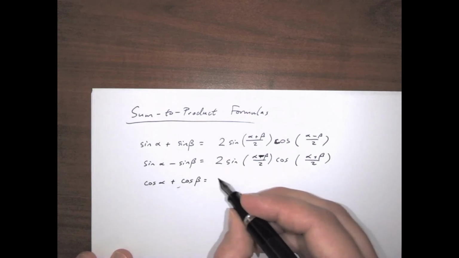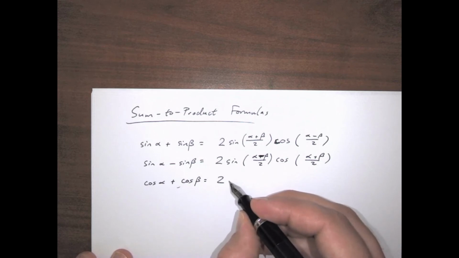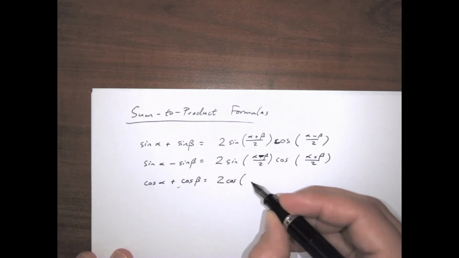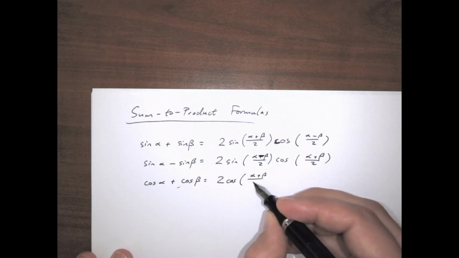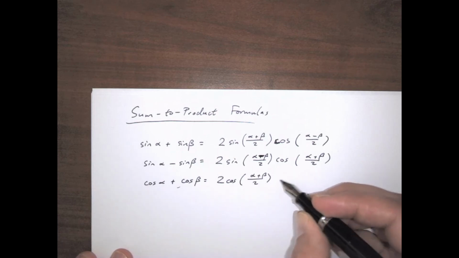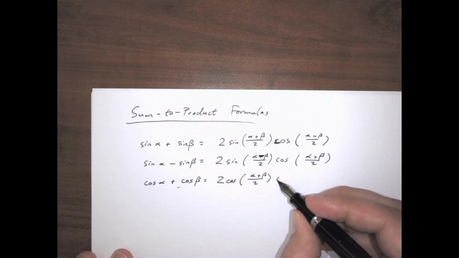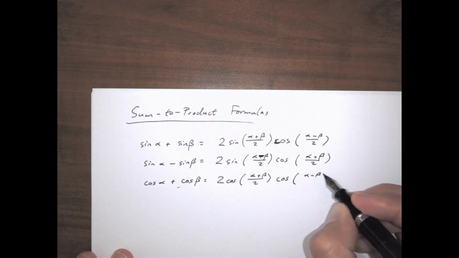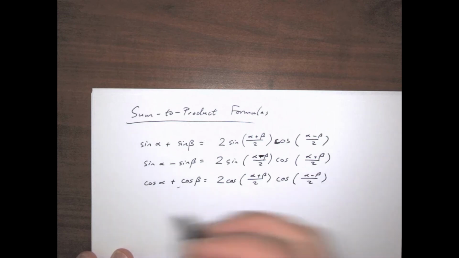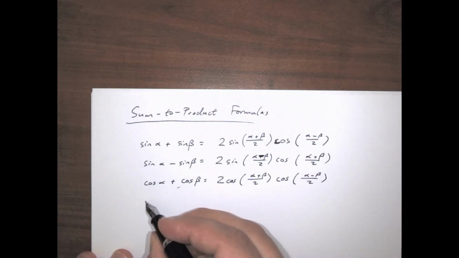Cosine alpha plus cosine beta is equal to 2 cosine of alpha plus beta over 2, and then cosine of alpha minus beta over 2. And then finally, cosine minus cosine.